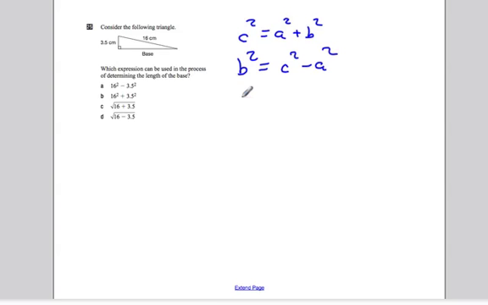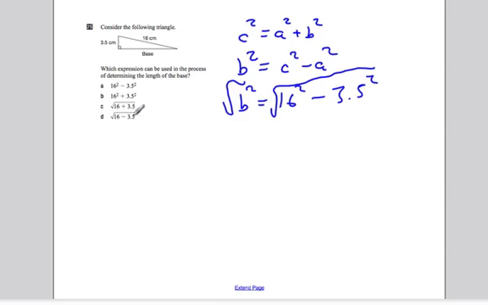And so now we sub in. So b squared is equal to, and the hypotenuse here is 16. So 16 squared minus 3.5 squared. And we have to take the square root of both sides to find the length of the base.